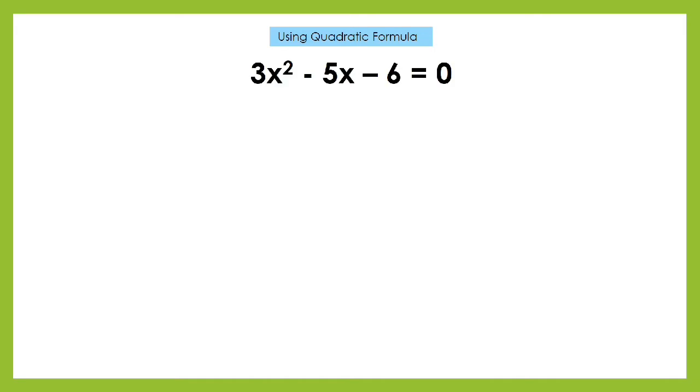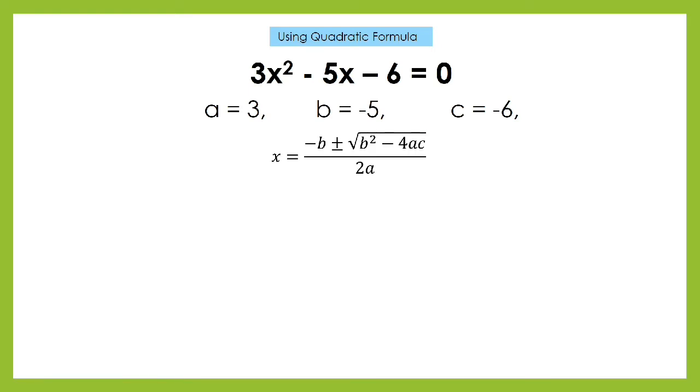This is the standard form of the given equation. Since it is in standard form, we can now get the values of A, B, and C. Our A is 3, B is negative 5, and C is negative 6. Substitute to the formula. This is the quadratic formula.